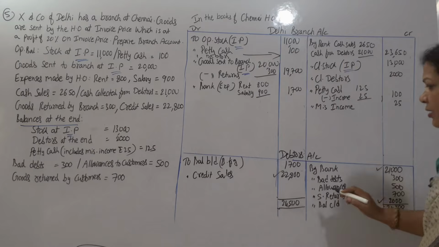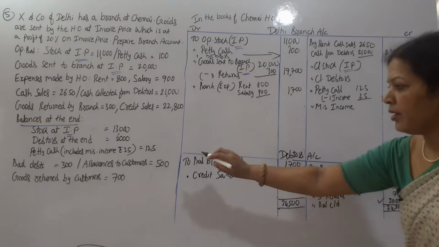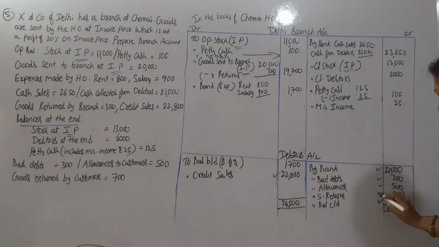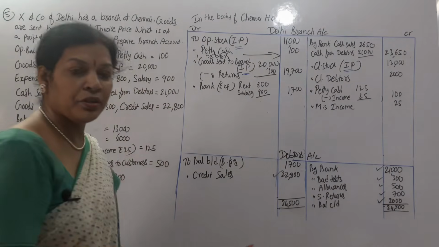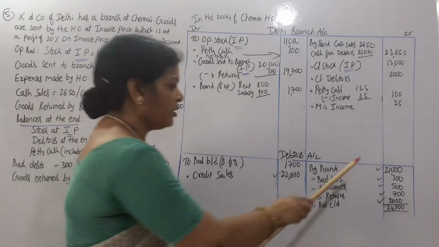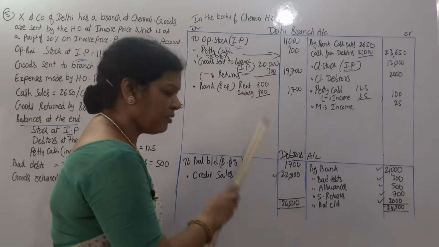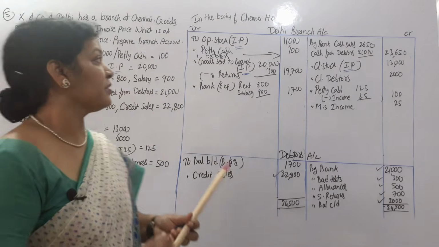And these three: bad debts 300, allowances 500, and goods returned by customers 700. So we have posted whatever information related to the debtors into the debtors account. Total is 24,500. 24,500 minus this one, we got 1,700. 1,700 is the opening debtors.